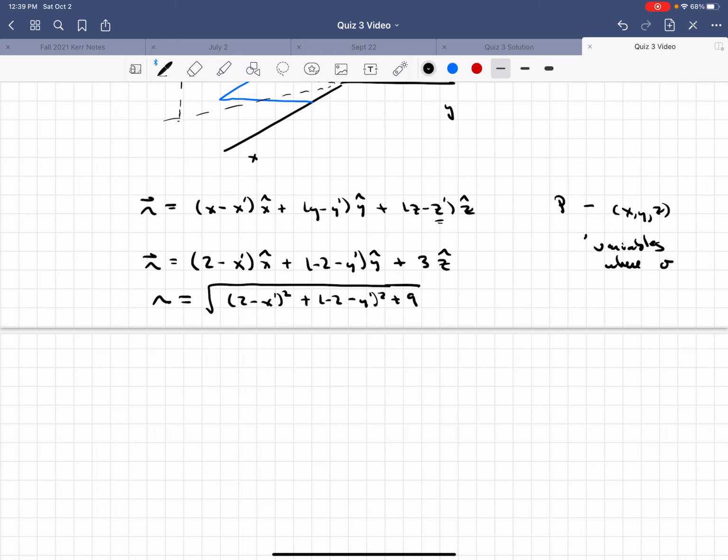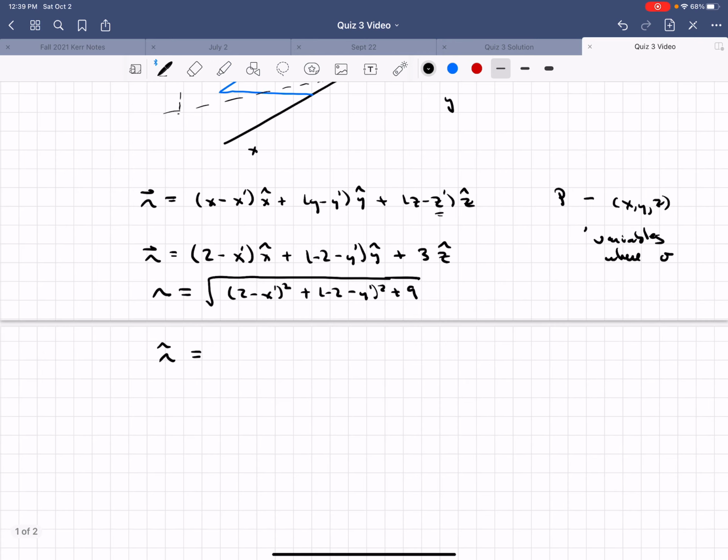9 is 3 squared. And then r hat is going to be (2 minus x prime) over the separation vector magnitude x hat plus (-2 minus y prime) over the separation vector magnitude y hat plus 3 z hat over the separation vector magnitude.